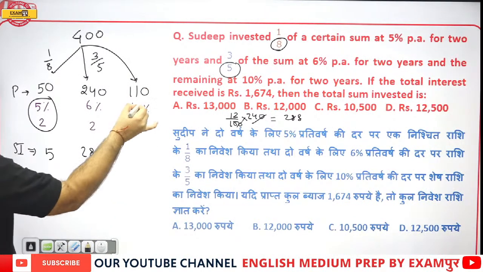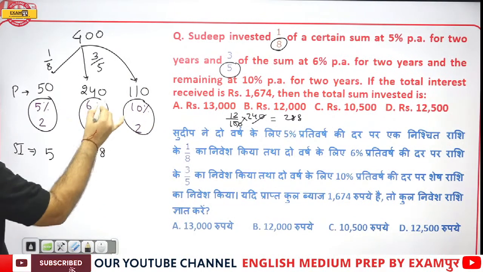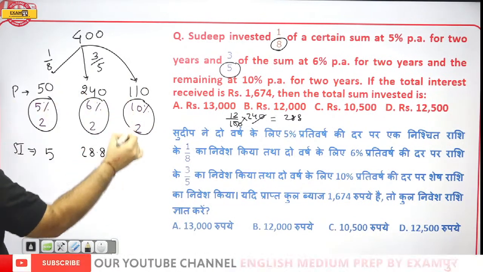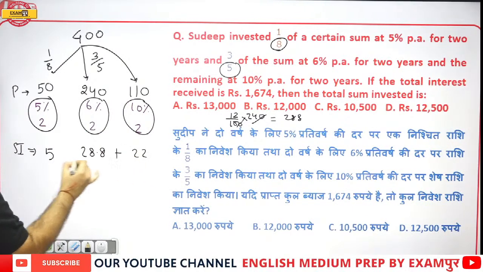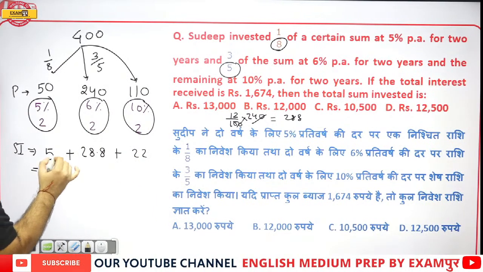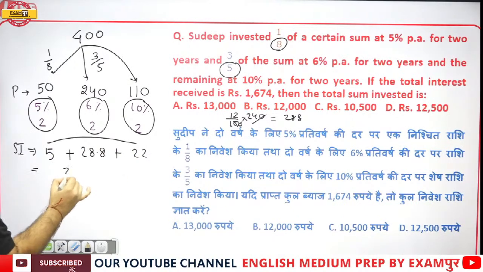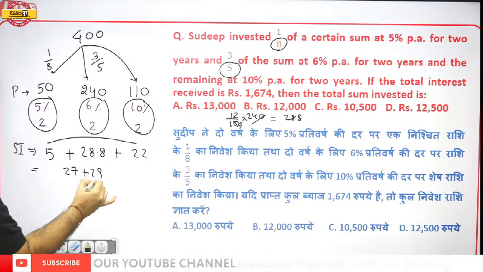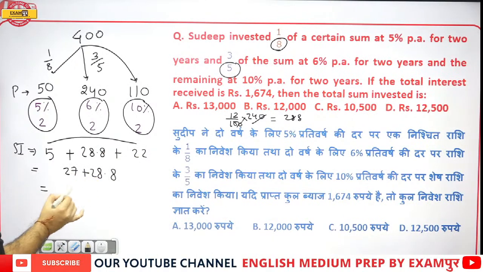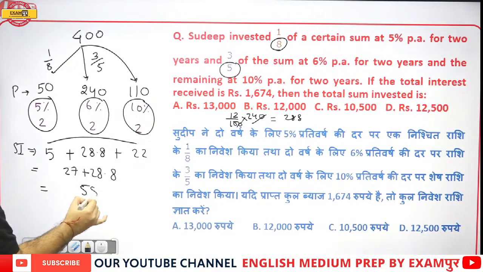And 20% of 110, 10% is 11, so 20% is 22. So interest is 27 plus 28.8, 55.8.